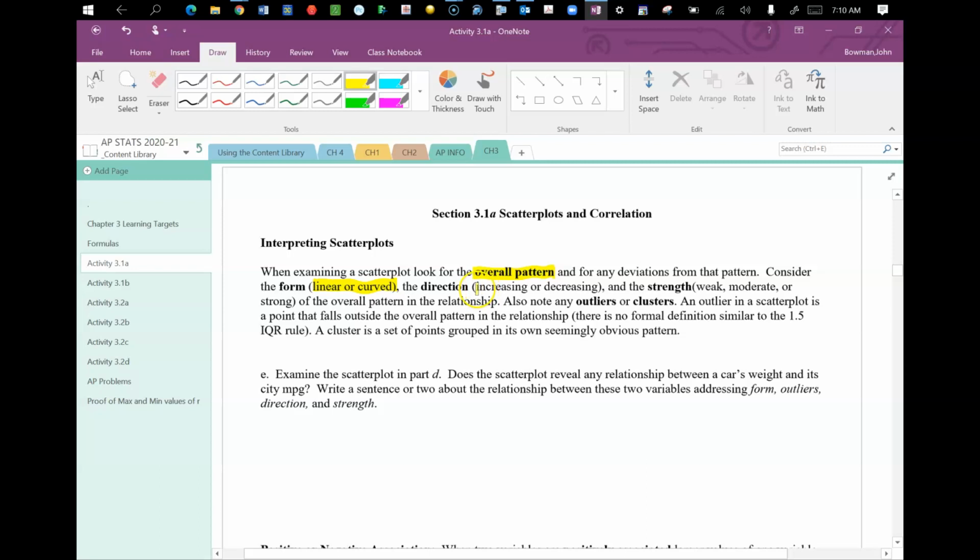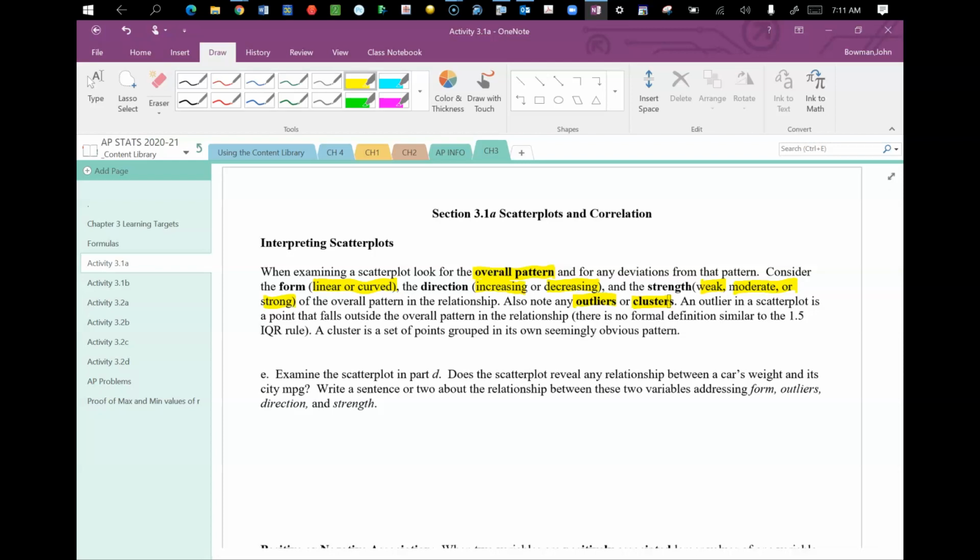Is y increasing as x is increasing, which is called increasing, or is y decreasing as x is increasing, which is called decreasing? The strength of the association: how strong or clear is that pattern, weak, moderate, or strong? And whether or not you notice any unusual features like outliers or clusters. And keeping in mind that we always do this in context.